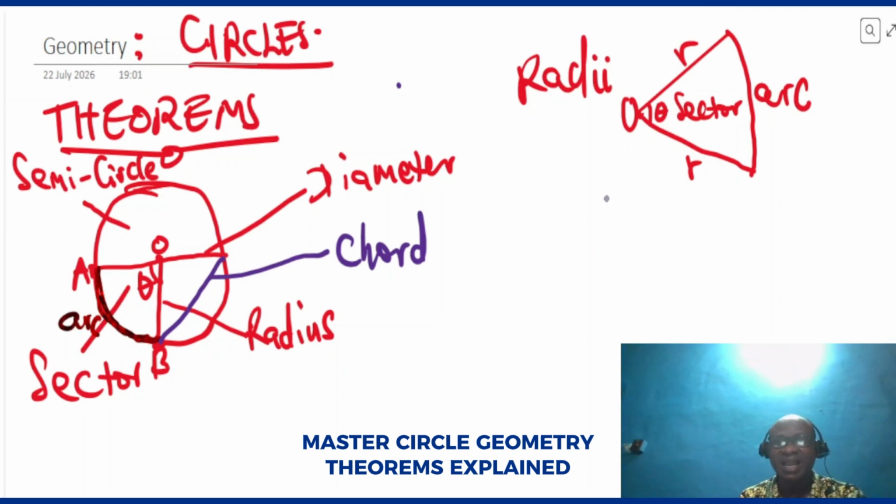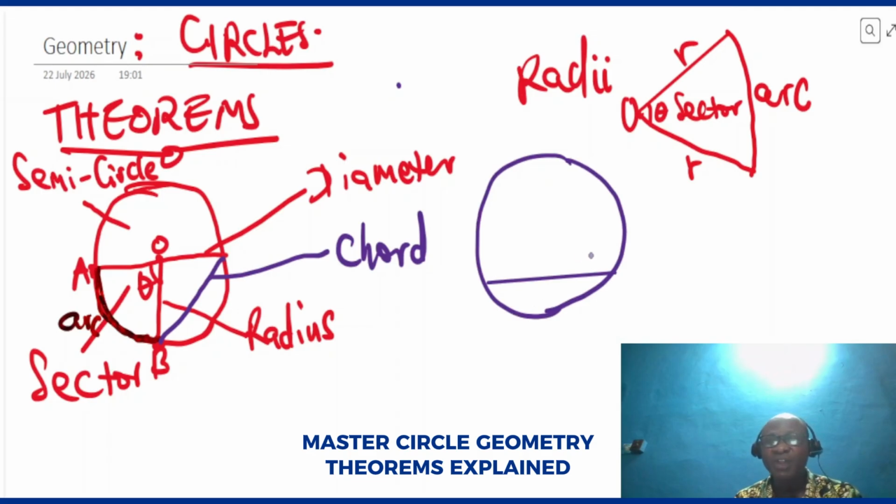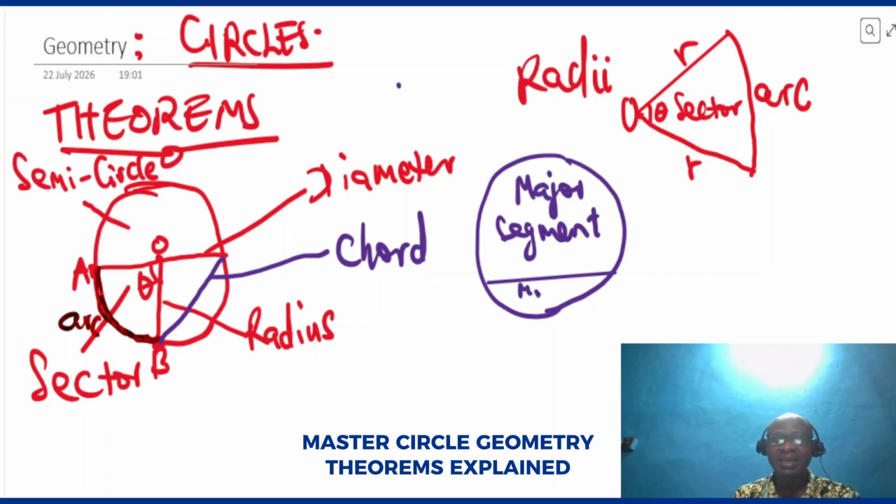If I give you a circle and I draw a chord, that chord does two things in a circle. It creates what we call a major segment, and a minor segment.